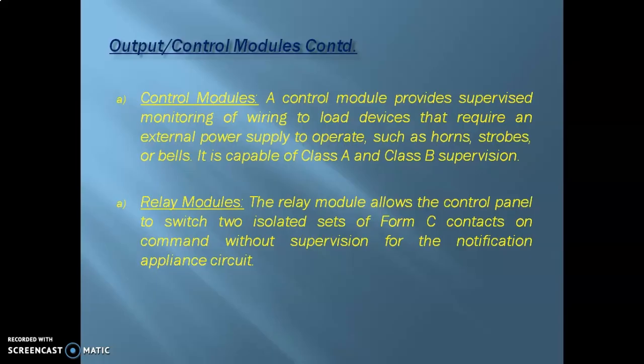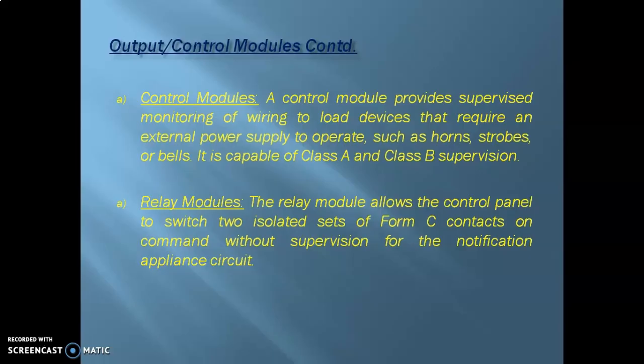For example, if you want to separate a certain room from all the other rooms, and you want a notification device to activate specifically when an alarm signal takes place within that room itself, then you can program this control module in such a way that it operates the notification devices for that particular room whenever a fire alarm takes place within it.